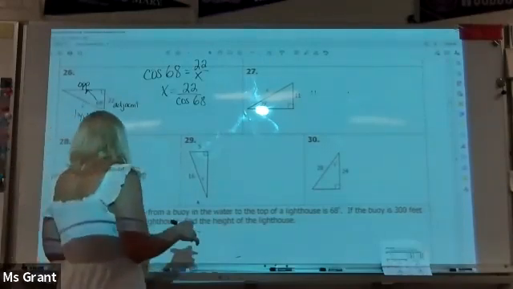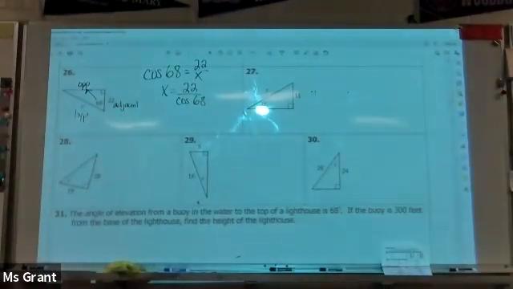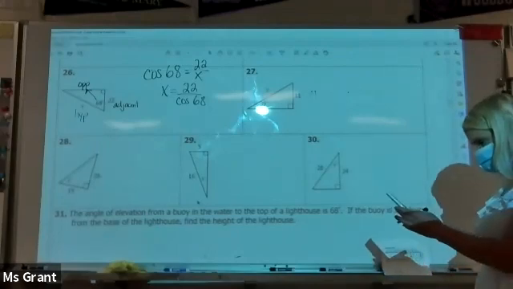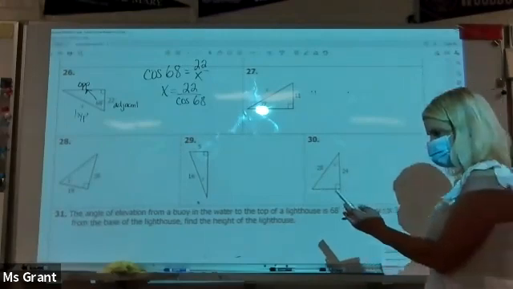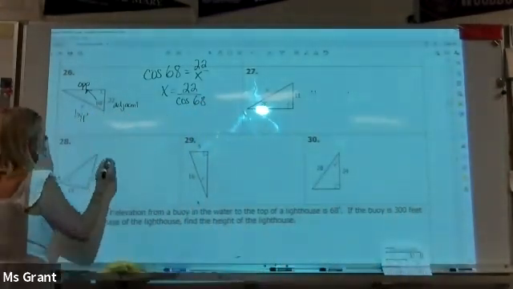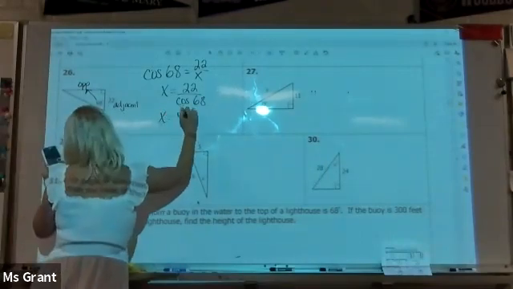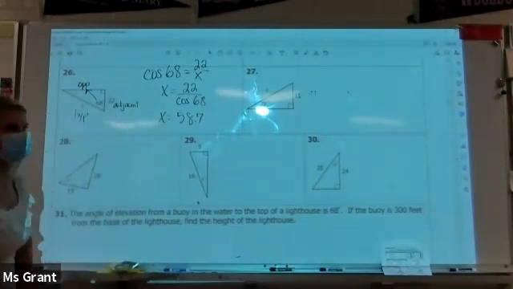So that's what goes in your calculator: 22 divided by cosine 68. So 58 point, round to the nearest tenth, 7. 58.7.